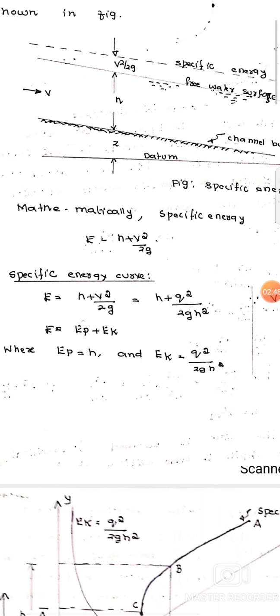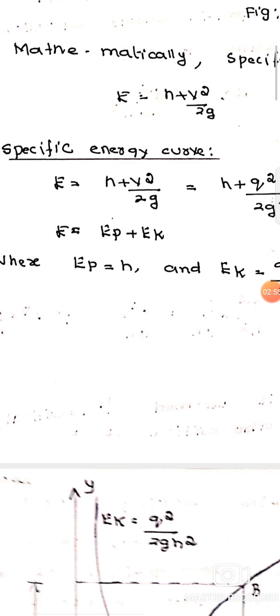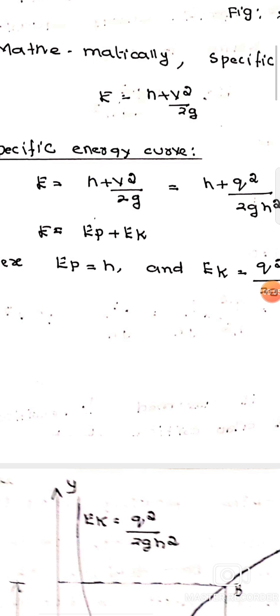So specific energy is Ep plus Ek, where Ep is h, the potential energy, and Ek is v square by 2g, the kinetic energy.